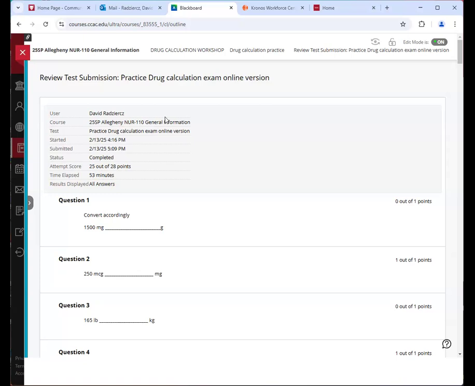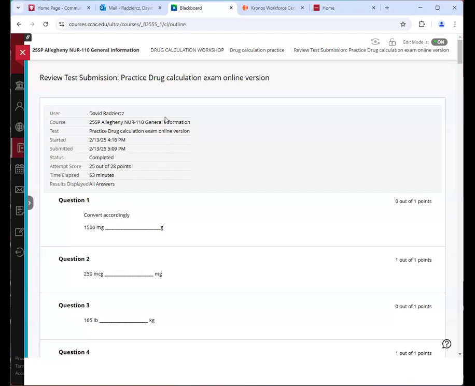The exception would be if you're just doing a standard unit to unit conversion, going from liters to milliliters, you do not round. But if your answer is how much you would administer of a certain medication and you get 0.375 milliliters, then you would give them 0.38. That's the only time you would round to that second decimal.